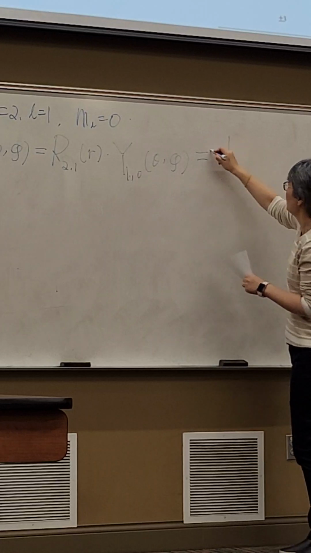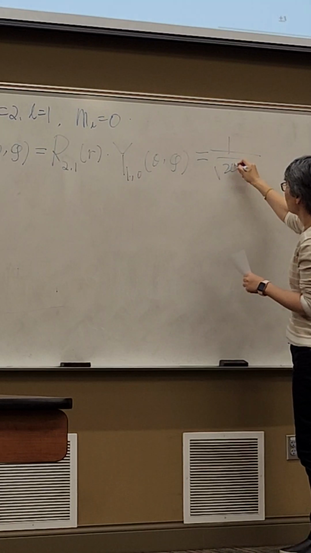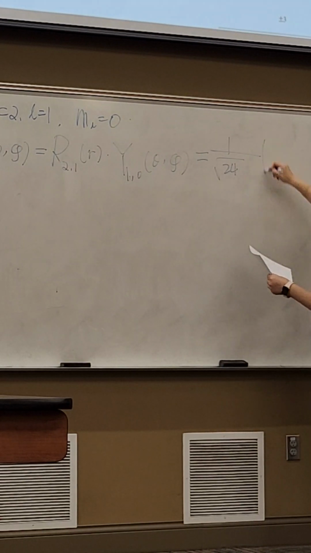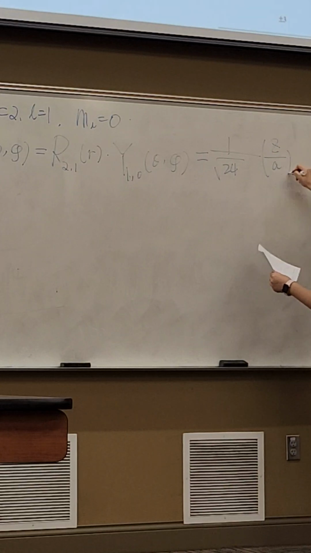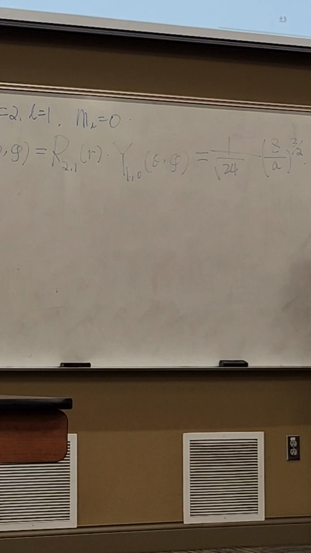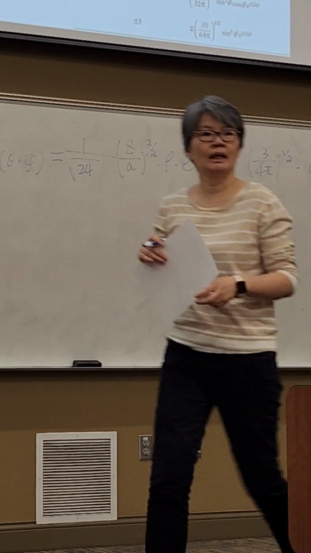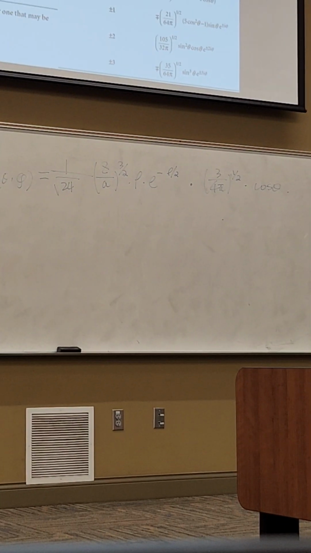So if we look it up, check. So like this, you have the radial component right on the table.